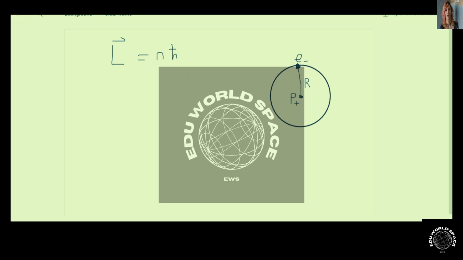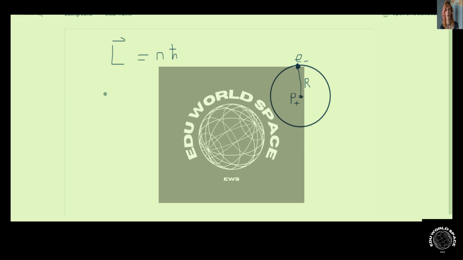So let us start. The first thing that you may proceed with here is that this is a semi-classical model, so applying Newton's second law will be a very good idea here.